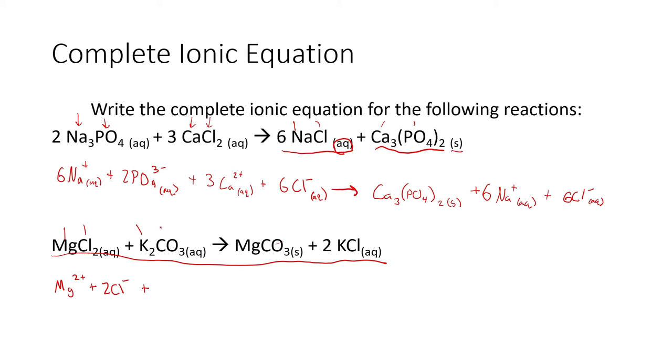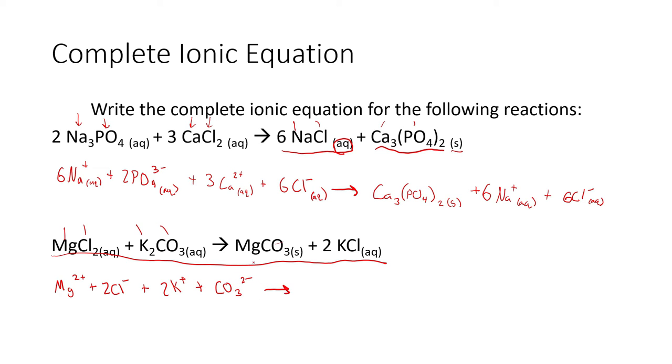So here we've got potassium, we've got carbonate. Potassium is our metal, carbonate is our nonmetal. It is aqueous, so we know that will again dissociate. We have 2 Ks. Each one of those is going to have a plus charge. And then our carbonates, we've got 1 carbonate, which is CO3, and that has a 2 minus charge.